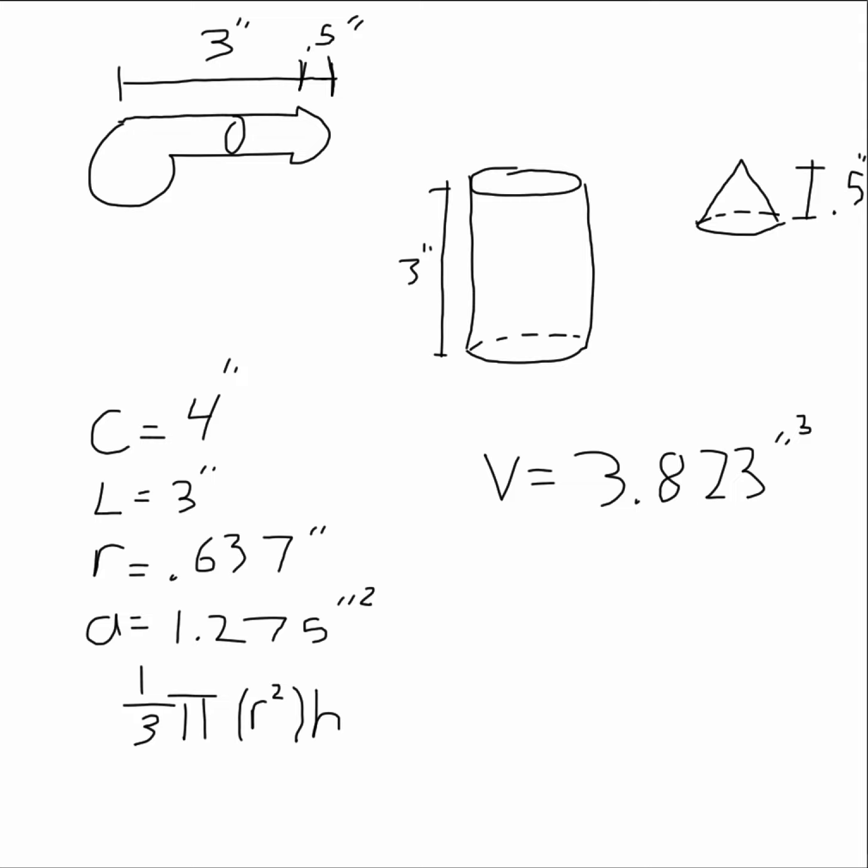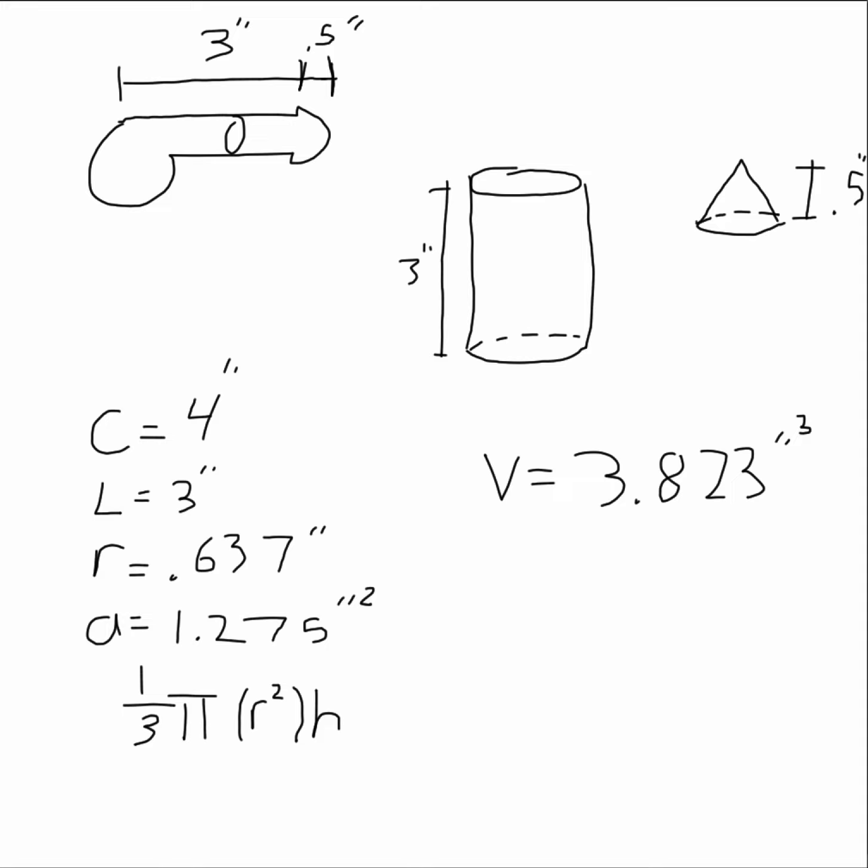So let's do the same equation we just did: pi times 0.637 squared, and then that number times 0.5 this time, and then that number times 1/3.